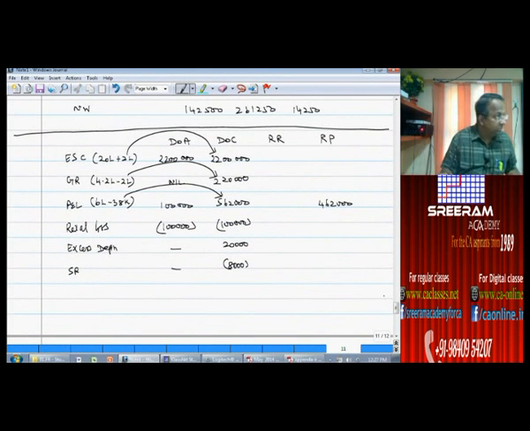How come? They are not considered in the books of accounts. We are just making all these entries.